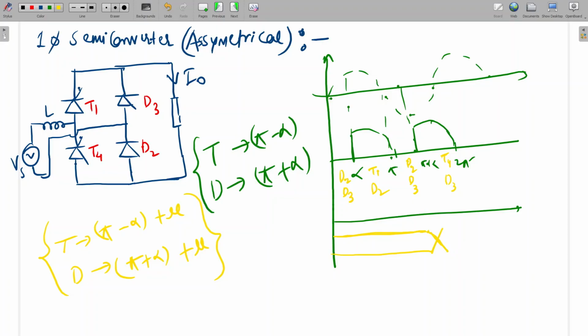Is it clear? Similarly, for the thyristor, it is conducting from alpha up to pi, and at pi it starts decreasing. From here to here it is pi minus alpha, and it will be pi minus alpha plus mu. Is it clear?